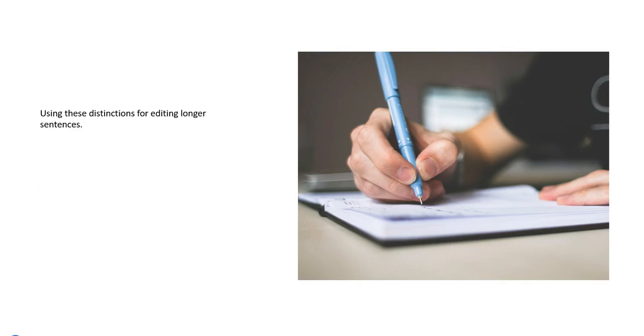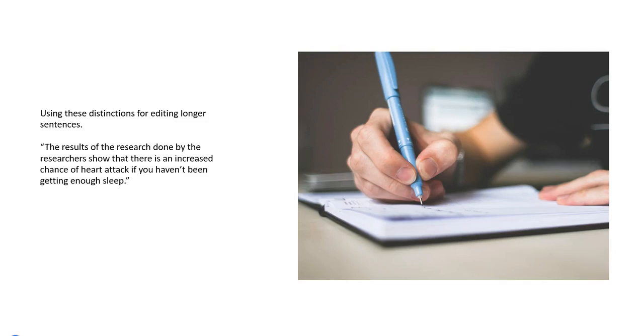So how do you find the passive voice in your longer sentences? Well, take a look at this sentence. The results of the research done by the researchers show that there is an increased chance of heart attack if you haven't been getting enough sleep. Okay, what does that mean? Who's in the subject position of the sentence?